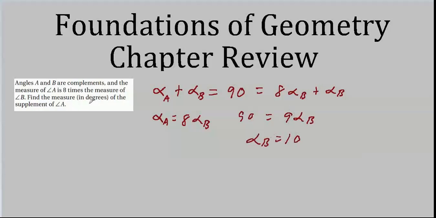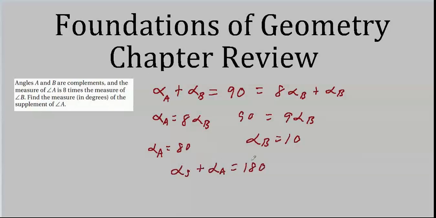Now what they asked you for, now that we have the measure of angle B, which of course in turn tells us what alpha sub A would be also, find the measure in degrees of the supplement of angle A. Well, we have that alpha sub A equals 80 degrees, and remember, we're going to call this the supplement of it, alpha sub s plus alpha sub A must equal 180.